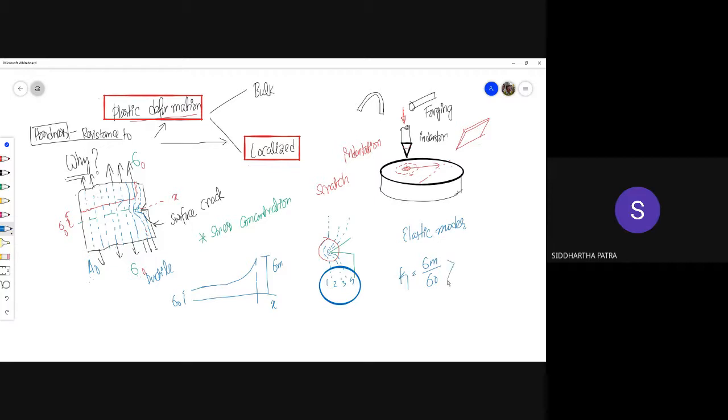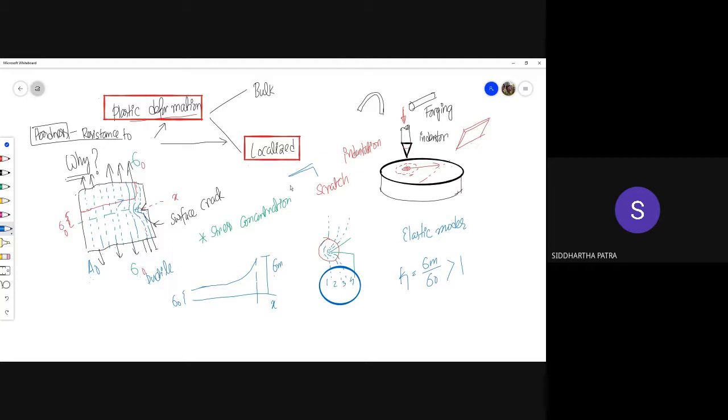It is always greater than 1. This value of stress concentration depends on the sharpness of the crack. The sharper the crack, the higher the stress concentration. That means if you take a more sharp object and make a tinier sliver of a crack, then the stress concentration would be even higher.